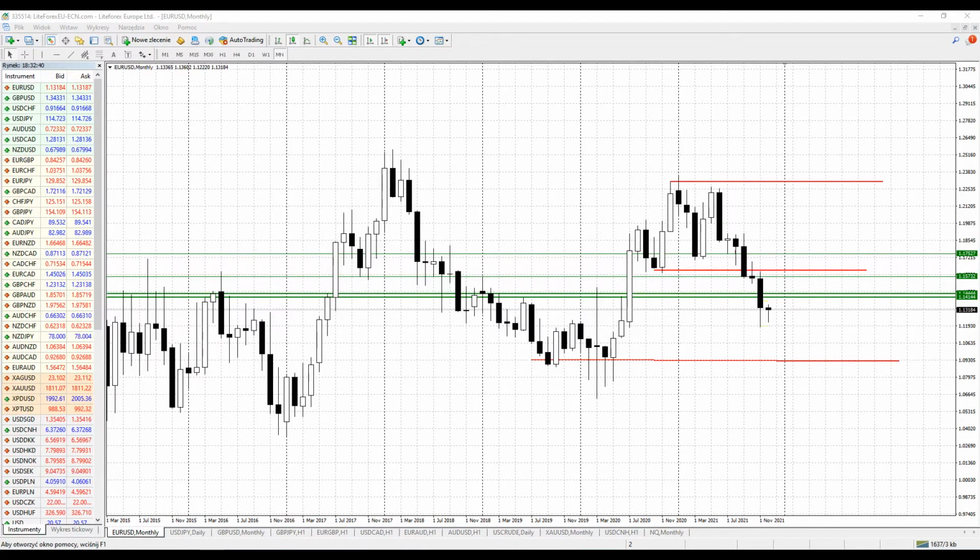Some of the pairs we have discussed lately, but this time we are going to go through them from the long-term perspective. So that's the monthly chart of the euro dollar we are looking at right now.